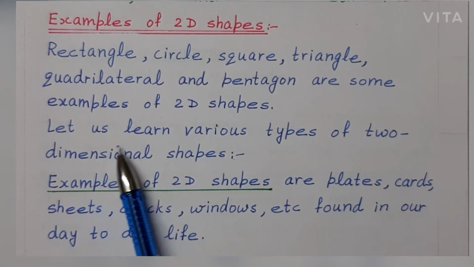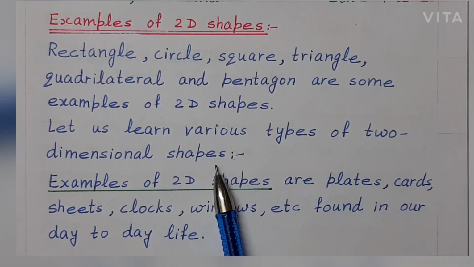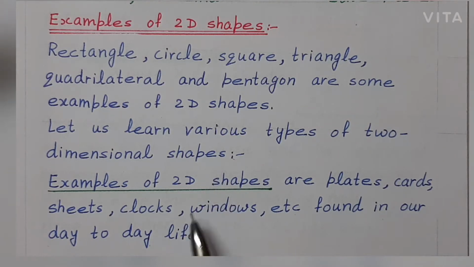Now let us learn various types of two-dimensional shapes. Now students, first of all, examples of two-dimensional shapes are plates, cards, sheets, clocks, windows, etc., which are found in our day-to-day life. Clear?